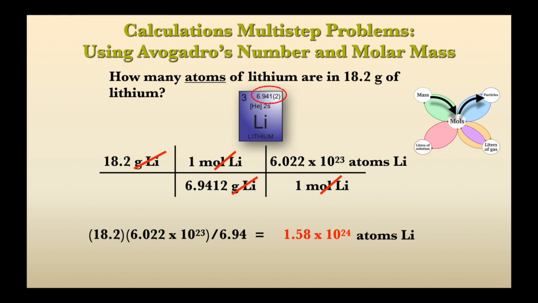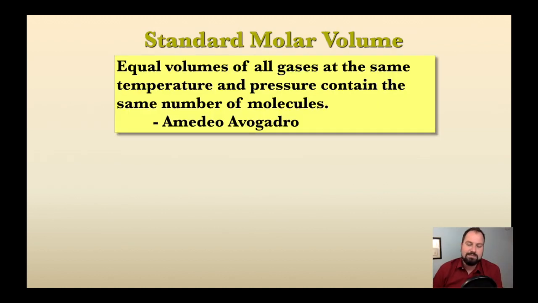What's next? Next is what Avogadro really did. He worked with gases. This is the famous thing he came up with: equal volumes of gases at the same temperature and pressure contain the same number of molecules. That is what Avogadro came up with. What does that mean?